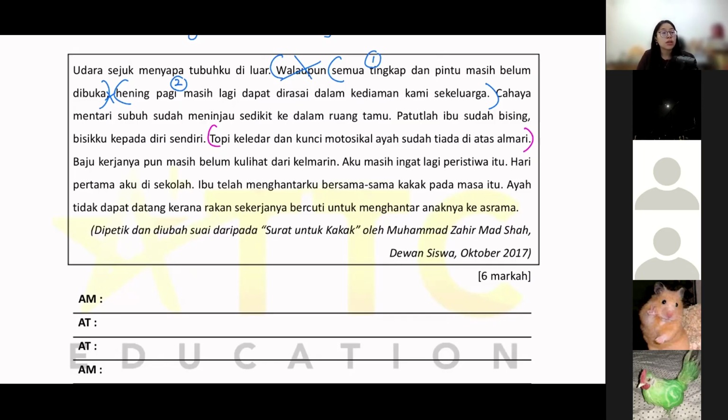Kata hubung is to connect the sentences. Wah, no one knows? How? You all are going to exam. Yes, correct. Done. So, topik geledah. But then, I need to repeat ayah for both. I need to say topik geledah ayah sudah tiada di atas almari. My first sentence. Second sentence: kunci motosikal ayah sudah tiada di atas almari.